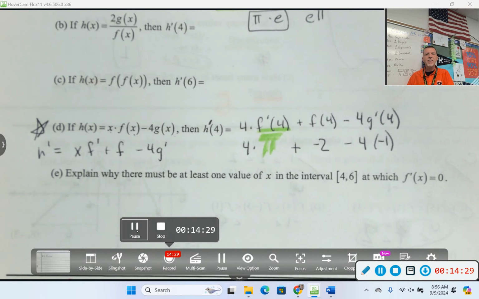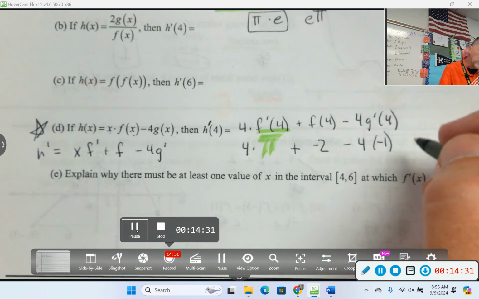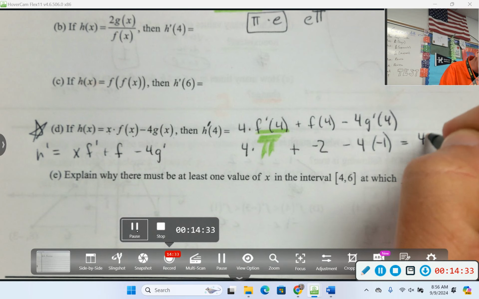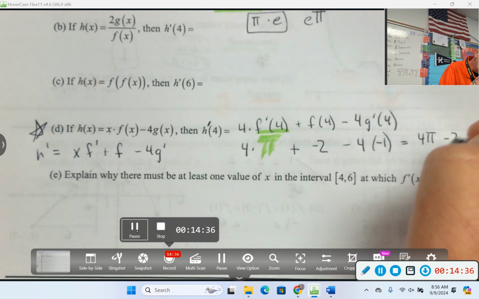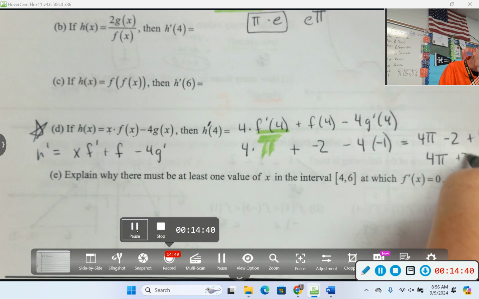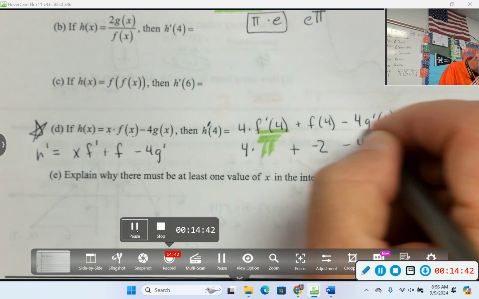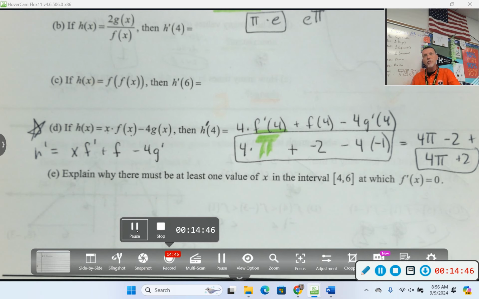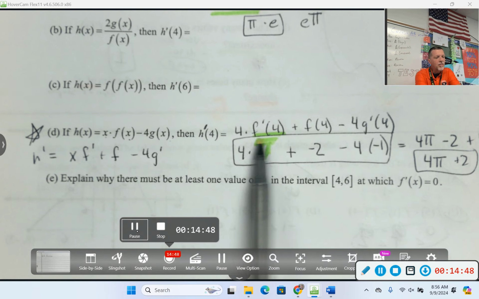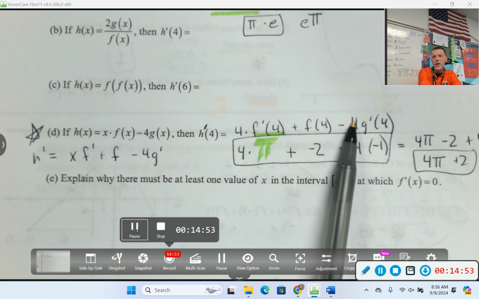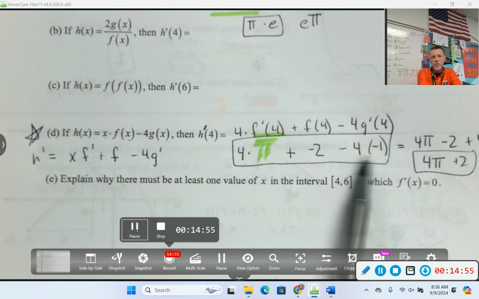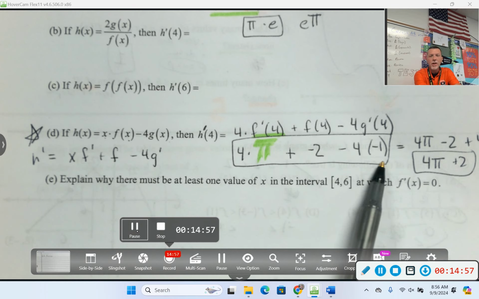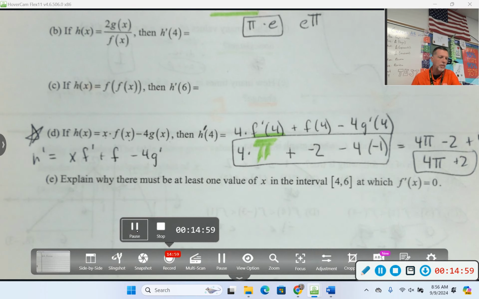Just leave all that like it is. A multiple choice answer would clean that up a little bit. 4 pi minus 2 plus 4 would be 4 pi plus 2. But if it's not multiple choice, don't go any further than you have to. Again, you're not safe stopped until you plug in the pieces. You can't just leave it with the function notation there. You got to plug the values in. But once the values are in, then it's calculator ready, you're done with calculus, you can safe stop that.